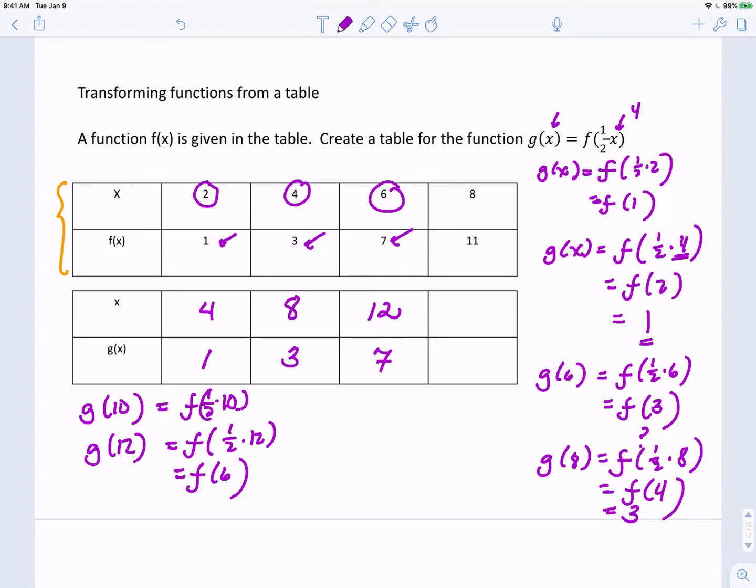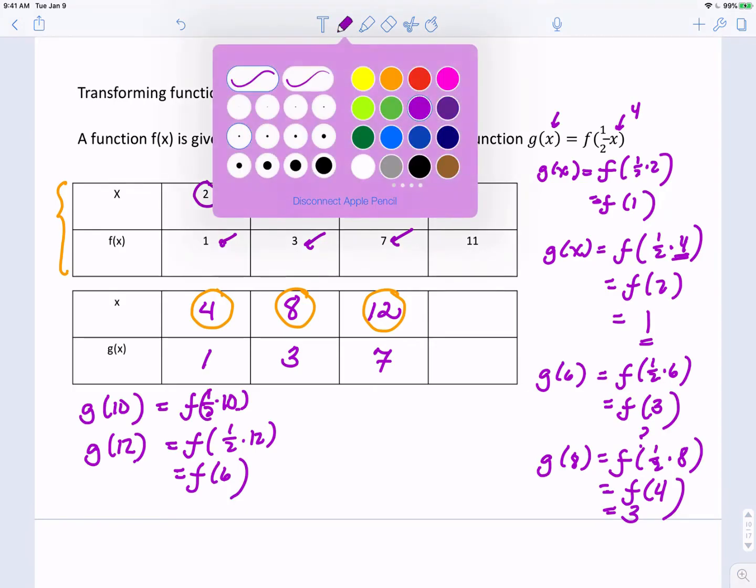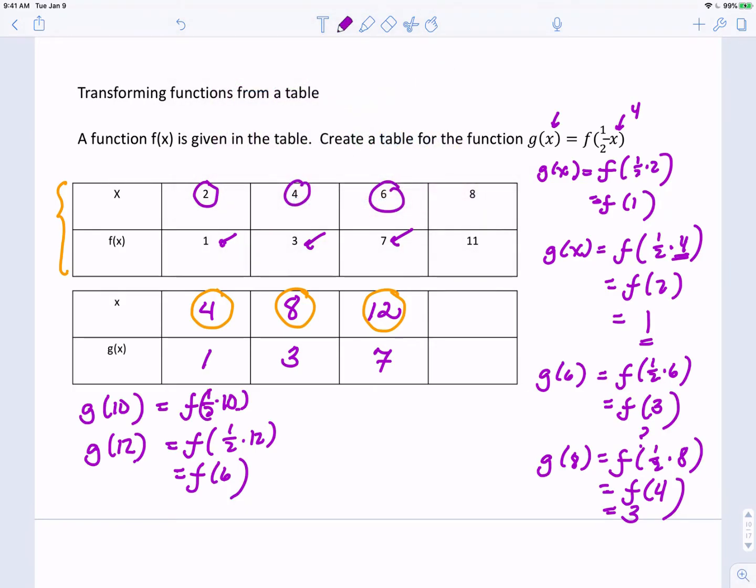Now looking at a pattern here, if we look at the x values for which we were able to find outputs, 4, 8, 12, you might guess what the next value we'll be able to find is. You might guess that we can find the output value if we plug in x equals 16.